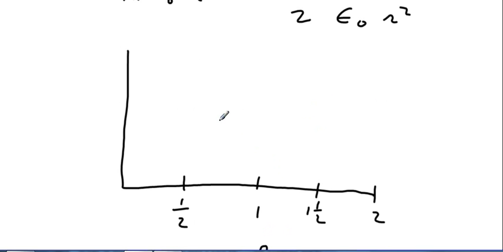Okay, and on the other side we're going to have a graph of E divided by E naught. Okay, so that's going to max out at 1, and they might have a 1/2, a 3/4, and a 1/4 just to look at things.